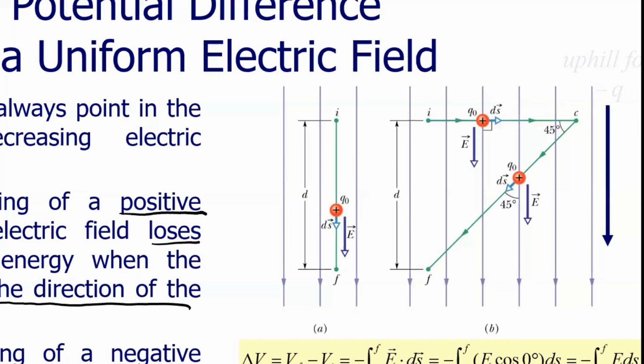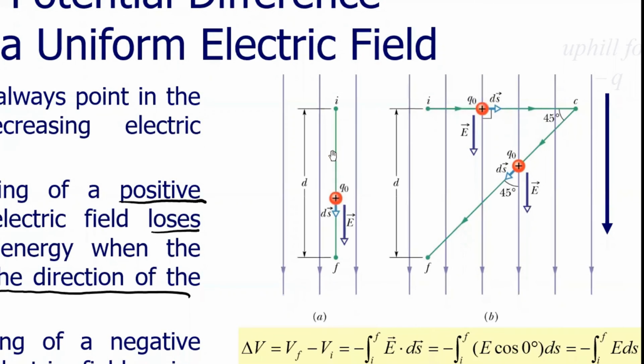So this is exactly what is happening. When I leave this charge just there, on its own it will start moving in that direction. It means that it is actually losing potential energy. Now, what if I hold it and drag it in the opposite direction to that of the electric field?